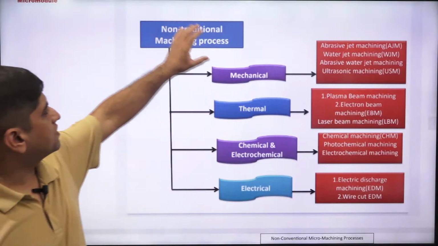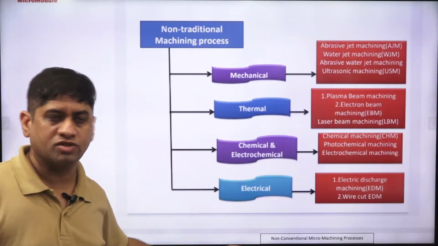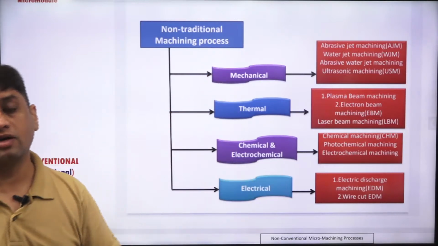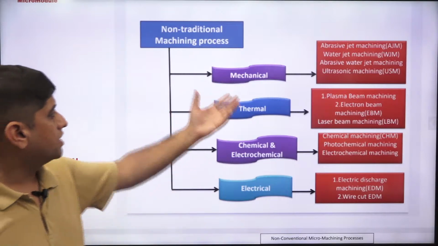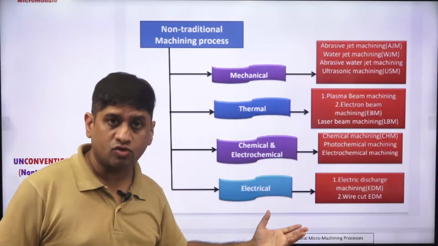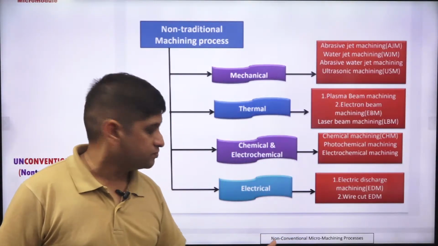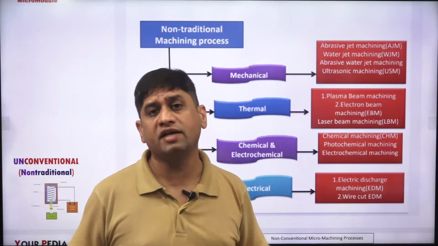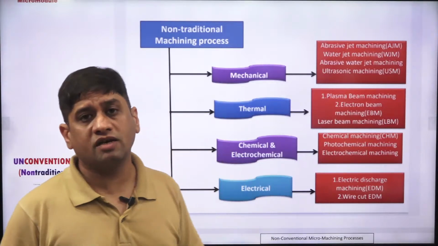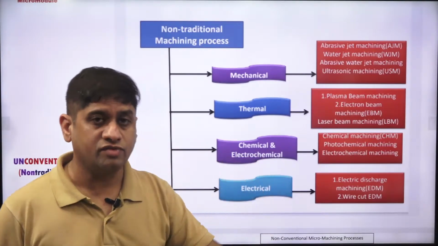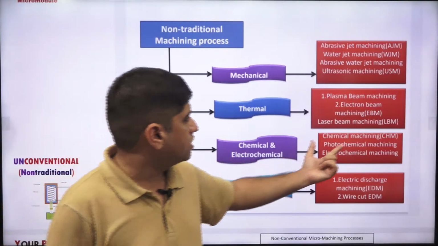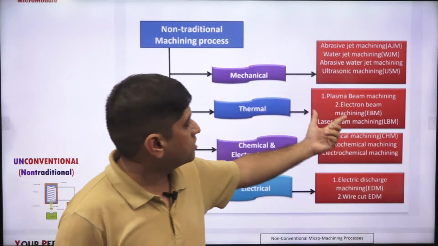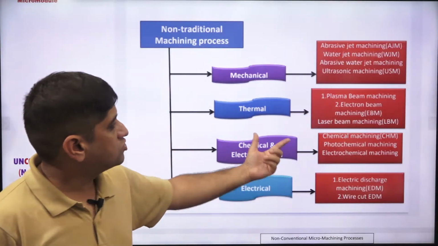We can categorize all non-traditional machining processes by the form of energy given in a particular machining process: mechanical energy, thermal energy, chemical and electrochemical energy, electrical energy. In electric discharge machining or wire cut EDM, electrical energy is used. Similarly, chemical machining and electrochemical machining make use of chemical energy.